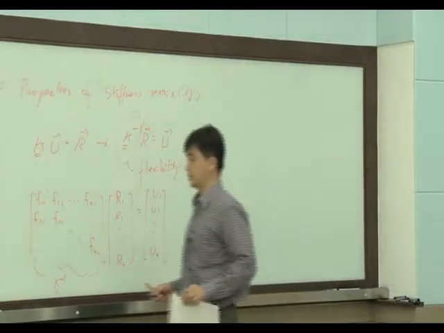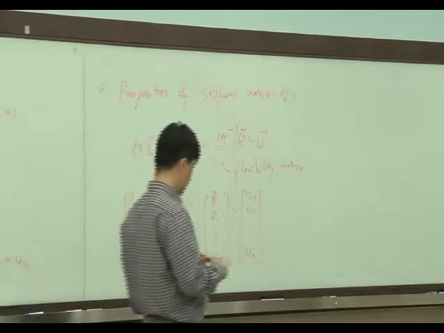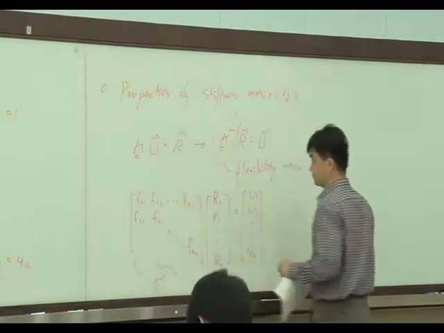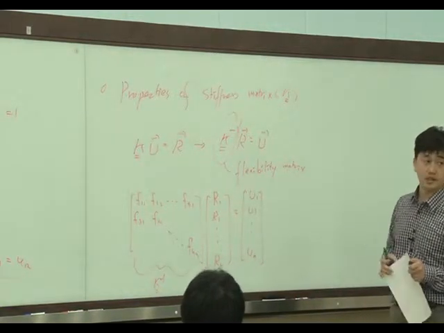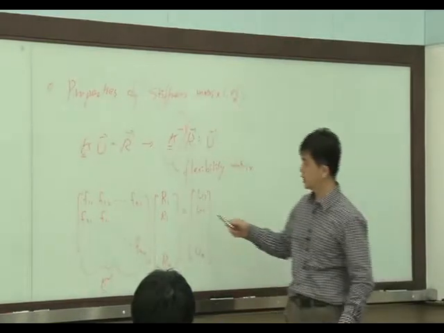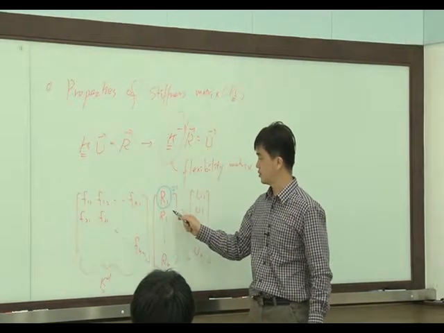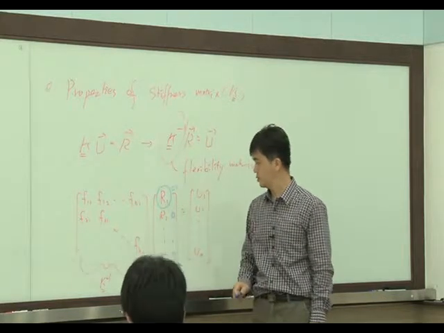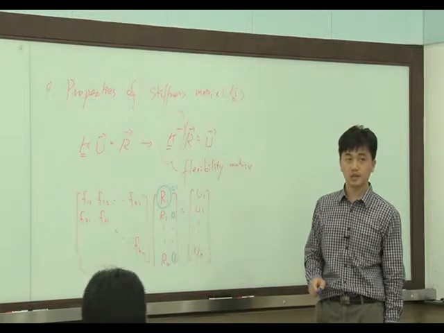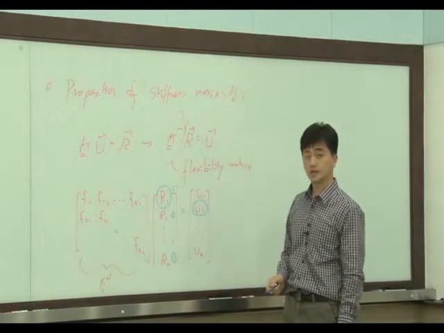Okay, now let's look at this system very carefully. I am going to apply the load F1 equal 1 and the others are 0, all 0. Then let's calculate U2.